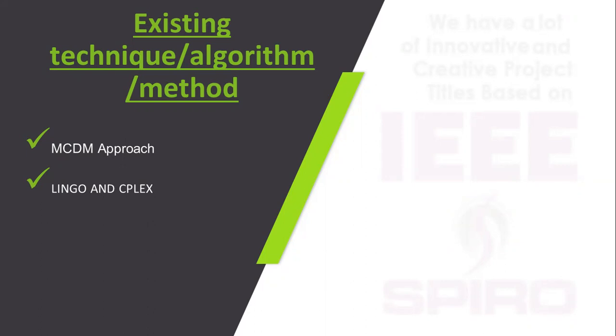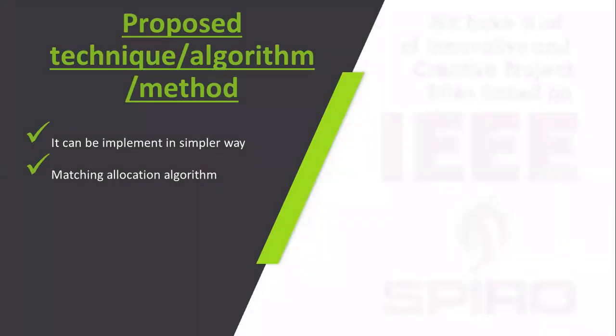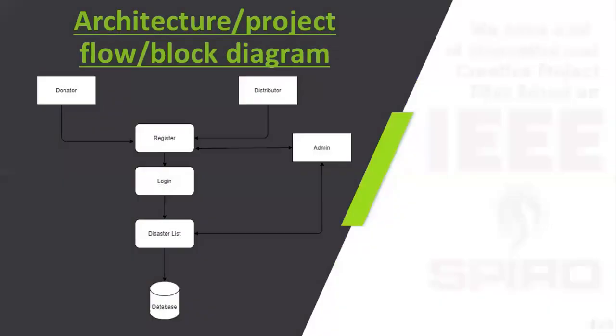These are complex, so we go to the proposed technique. It can be implemented in a simpler way, and it uses a matching allocation algorithm which identifies matching similar resources and similar requirements.